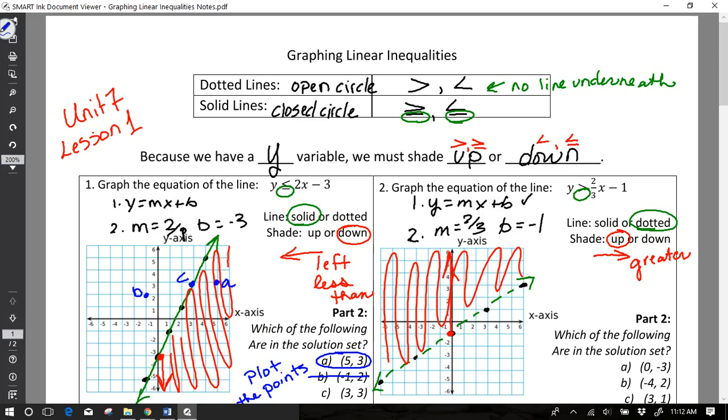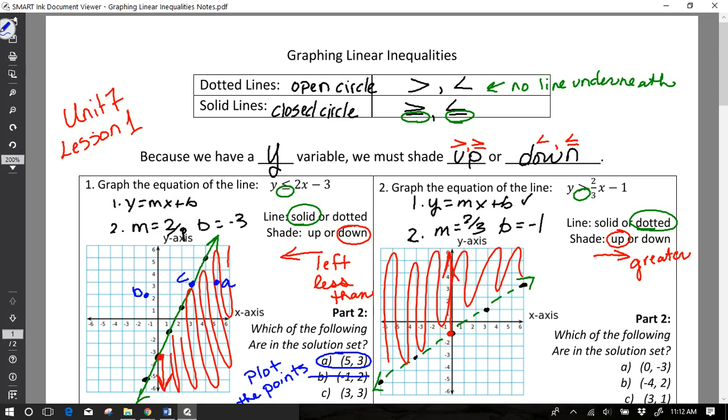If I had an open circle, let's say x is greater than 2, it meant that my solution was all the numbers that are bigger than 2, but 2 was not included in it. If it was a closed circle, x is greater than or equal to 2, then it would mean that the 2 is included. And it does mean the same thing here.